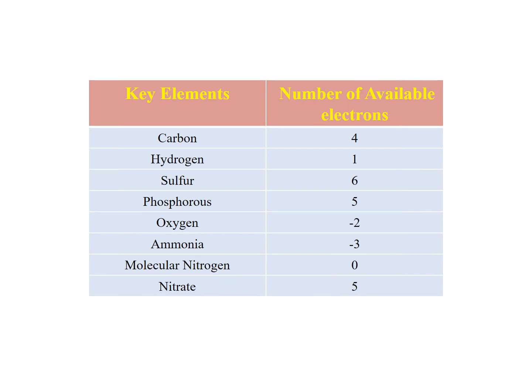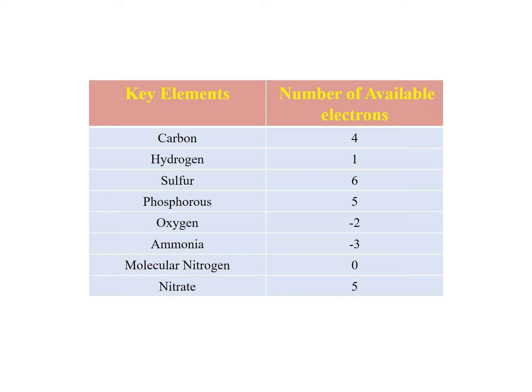For calculating the degree of reduction, we should know the number of available electrons for each element. For carbon, the number of available electrons is 4, for hydrogen it is 1, for sulfur it is 6, for phosphorus it is 5, and for oxygen it is -2. Oxygen has -2 because it does not donate any electron, and it will only receive electrons.